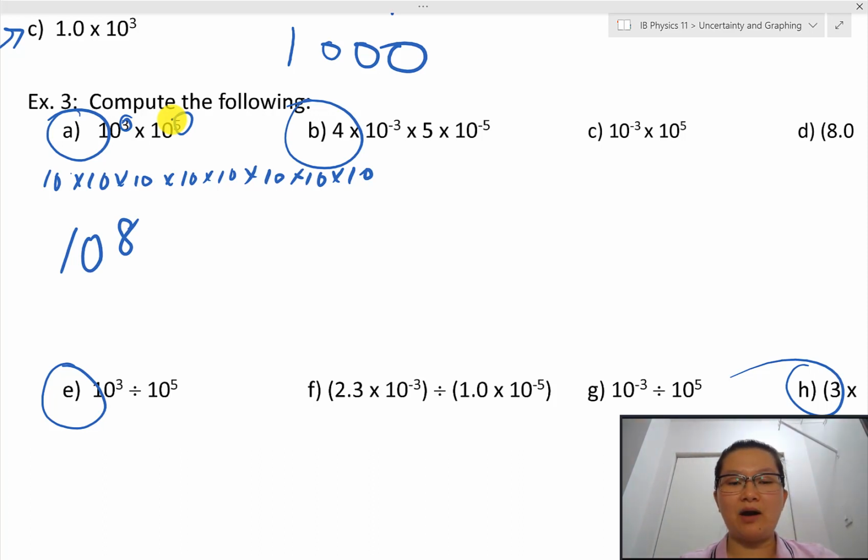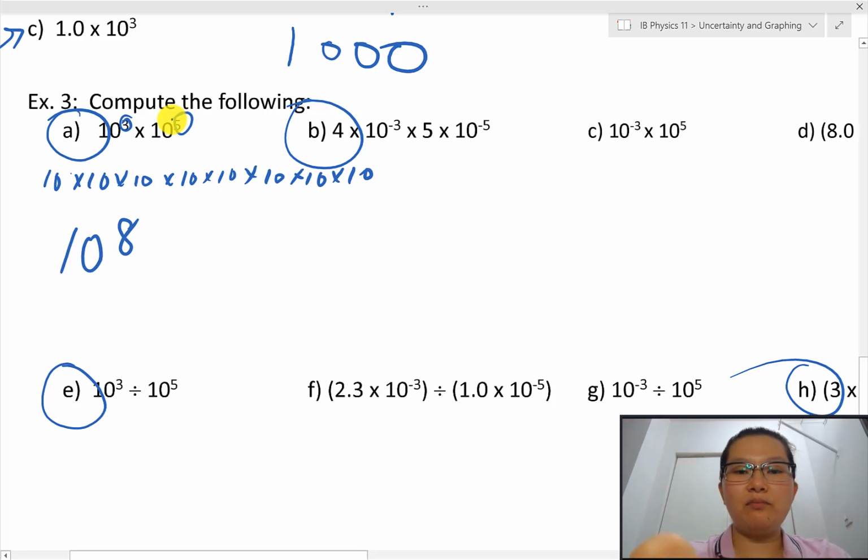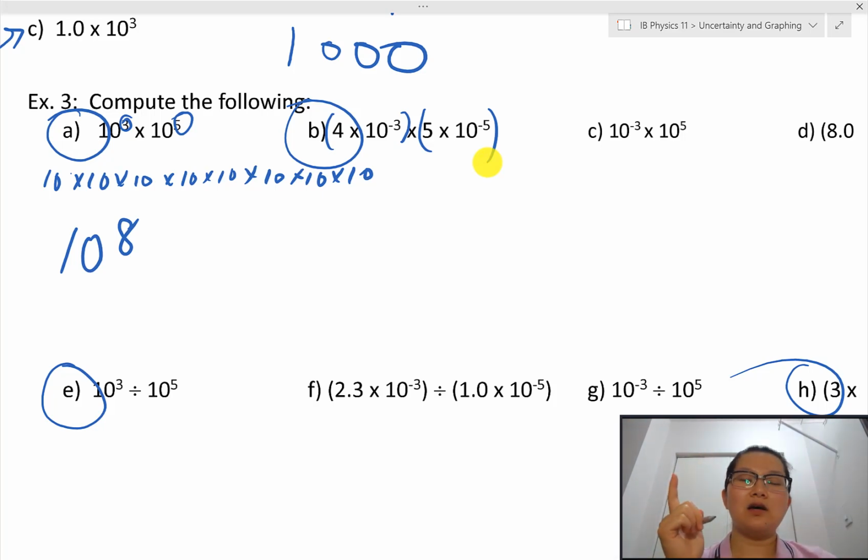Next, we have B. 4 times 10 to the power of negative 3 times 5 times 10 to the power of negative 5. If you want to imagine there are some brackets to help you visualize the scientific notation part, by all means. And there's another thing you should know about multiplication: when you're multiplying numbers, it doesn't matter the order in which you multiply them. So I can choose to multiply numbers as I wish.